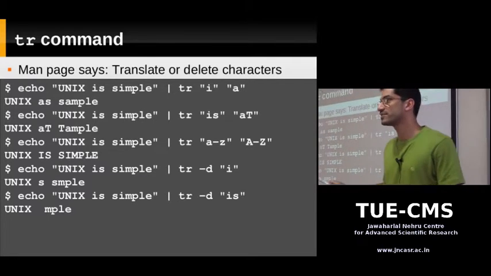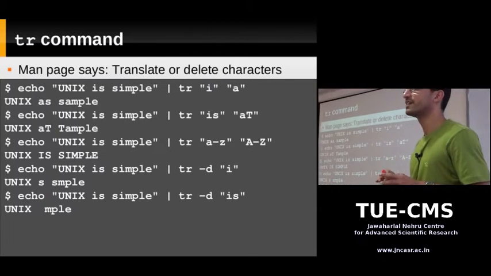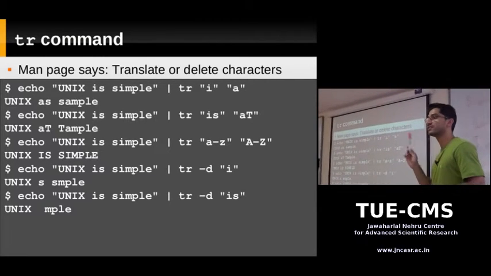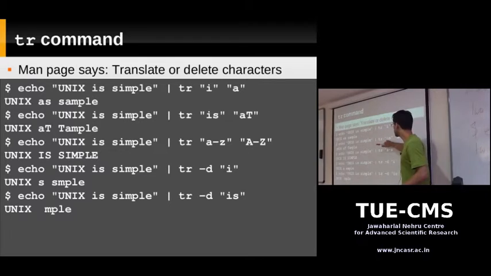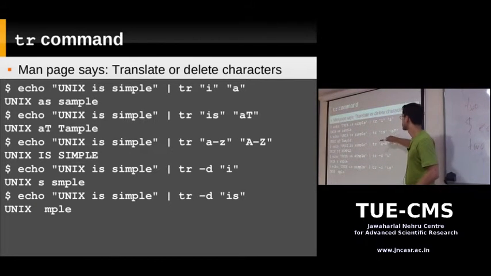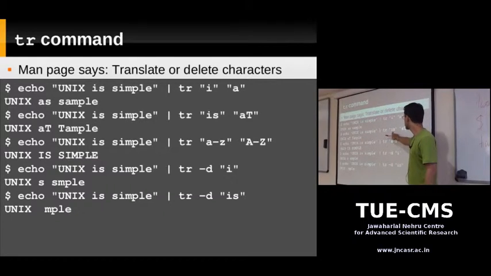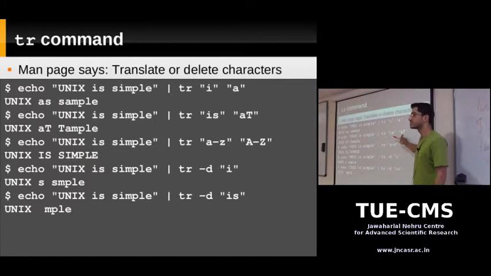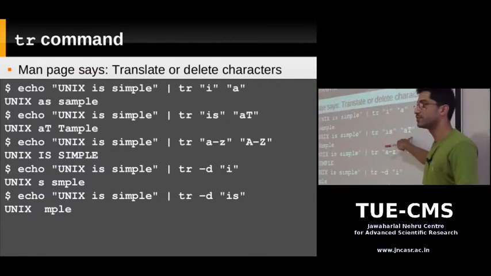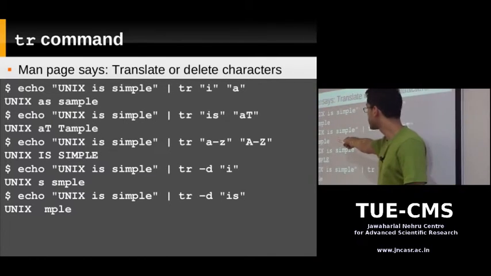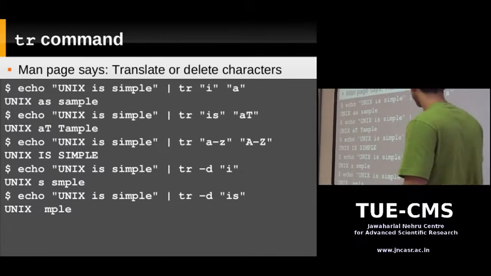That's not the case. Tr does not translate words. It only translates single characters. So this set should be the same length as this set. If you have 3 characters here, you should have 3 characters here. The first one is converted to the first one here, I is converted to a, s is converted to capital T. Okay? So see the output? It's done exactly like that.